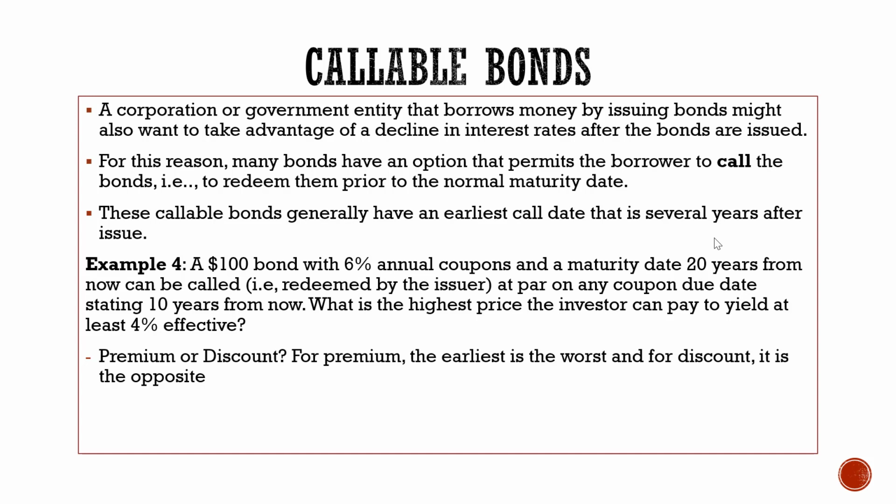That means there is an $8 loss. This $8 loss will be spread over the bond life. So the longer the bond, the less pressure you have. So for a premium bond, the earlier time should be the worst. That means the earlier time will give you the most expensive bond.